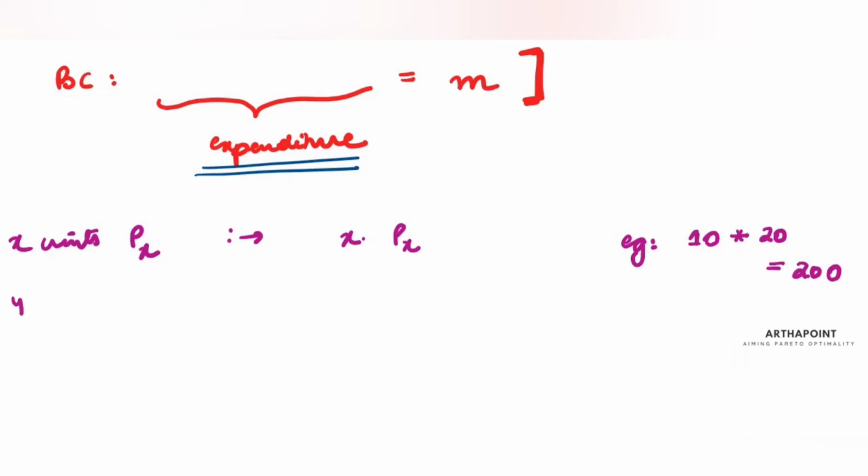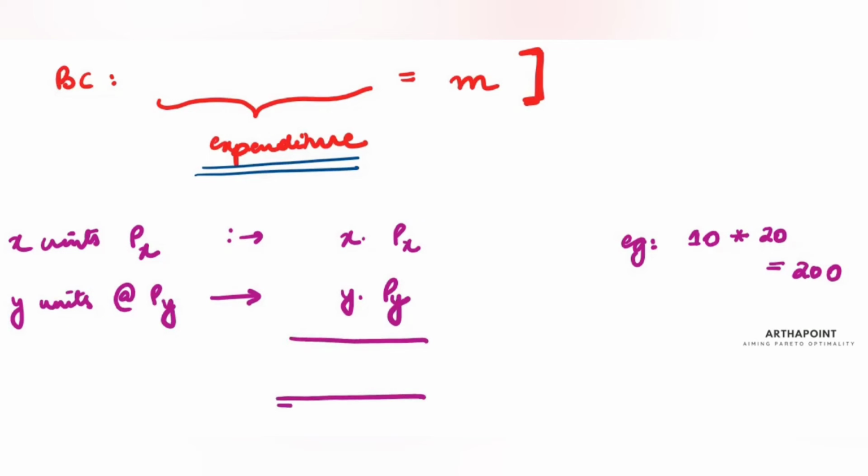Similarly, Y units I am buying of good Y at the rate each unit at price Py. So I am spending Y into Py on good Y. So I'm spending X into Px on good X. I'm spending Y into Py on good Y. What is my total expenditure?